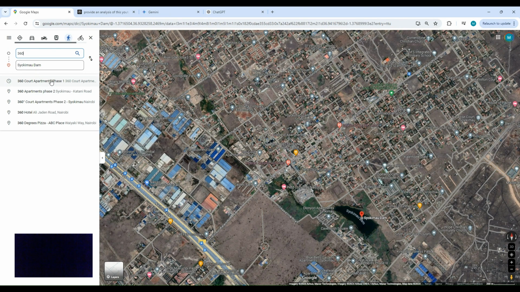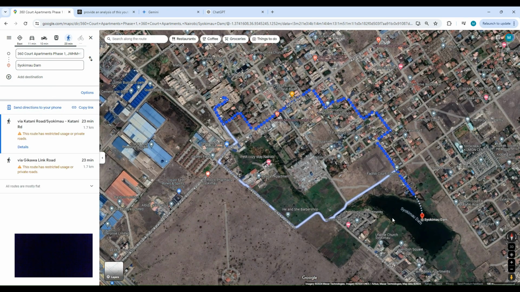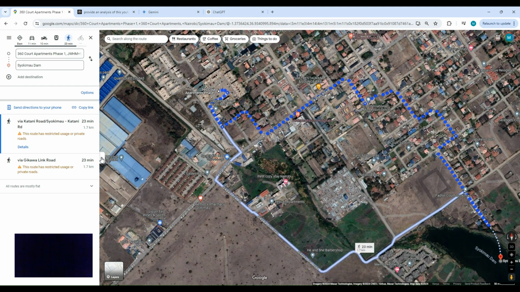So you have 360 apartments, phase one, so that we understand the distance. So you can see the dam is here. It's perfectly understandable if we do it like this. You then get to see the waterway right here, and this waterway literally goes right past 360 apartments. Yeah, 360 apartments is right here.